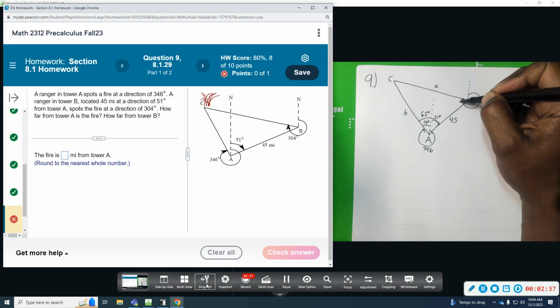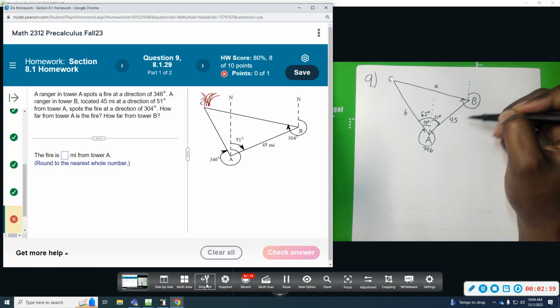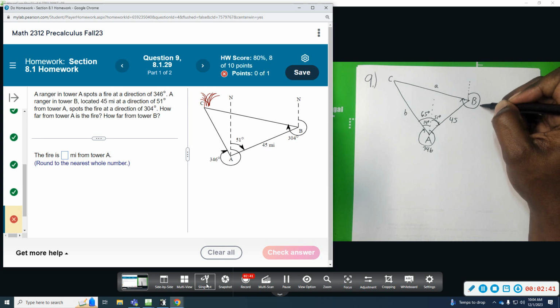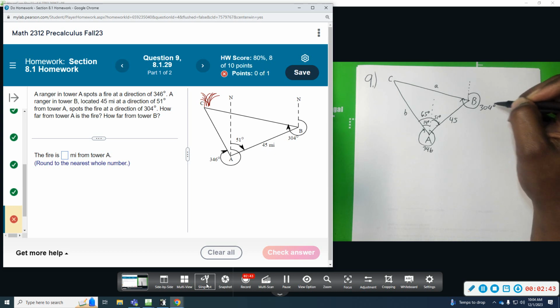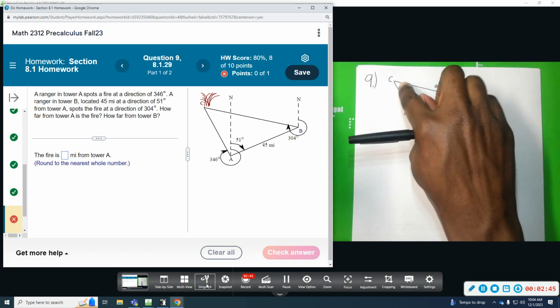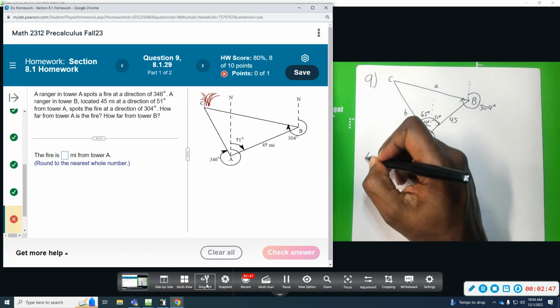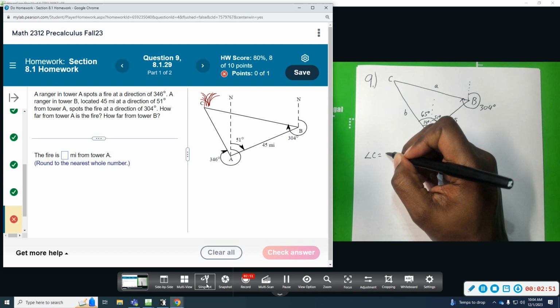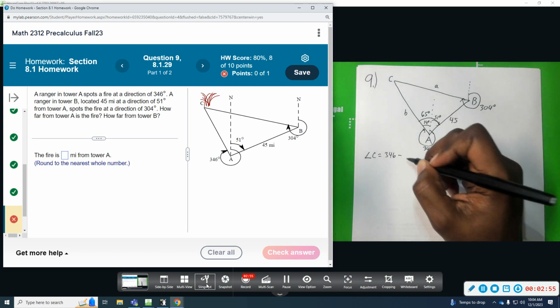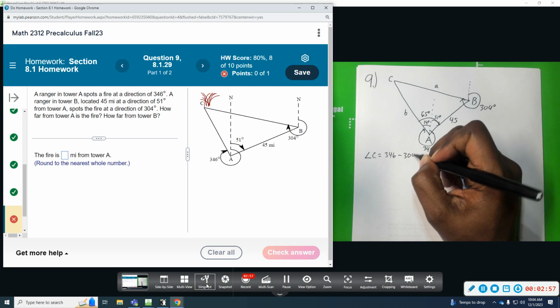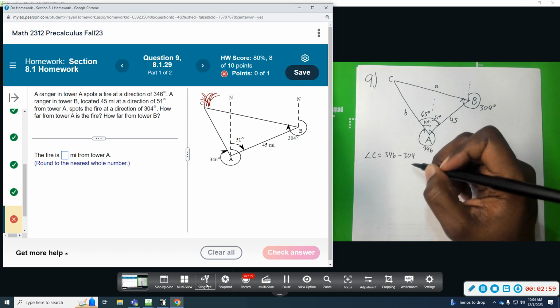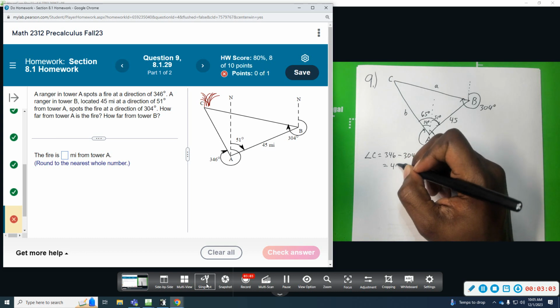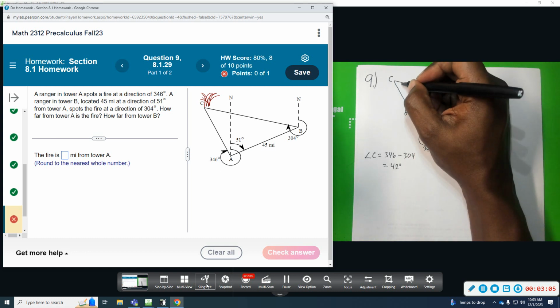Again, with geometry and vertical angles, we will use the difference of these two to figure out angle C. So angle C is going to be equal to 346 minus 304, and that will give us 42 degrees.